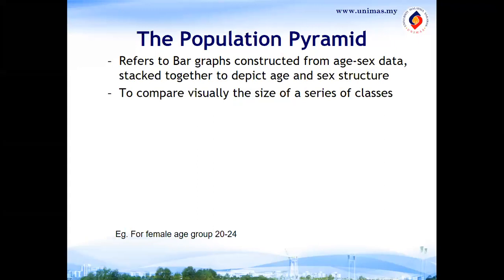Jadi that is just looking at demography, looking at the statistics secara melihat dari segi populasi saja. Tapi dari segi implikasinya sebagai pelajar social science, I think we have to look beyond the numbers. So what if there are more males than females? Or so what if there are more females than males?